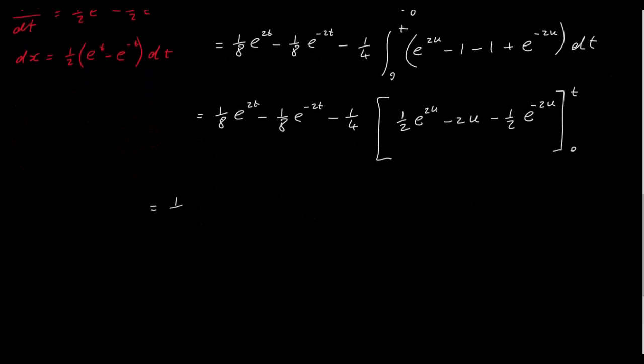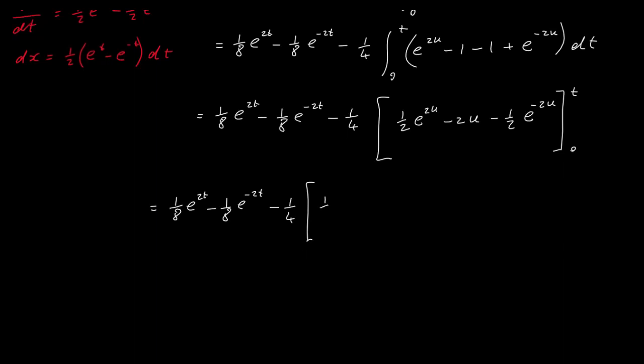We have, let's see, 1/8 e to the power of 2t minus 1/8 e to the power of minus 2t minus 1/4. Let's see, we have to put in t first. And you can see why I changed the t's here to u, because we're substituting in t for u now rather than t for t, if you like.